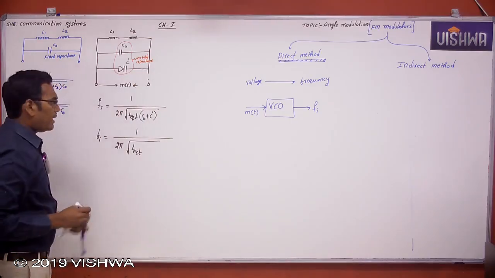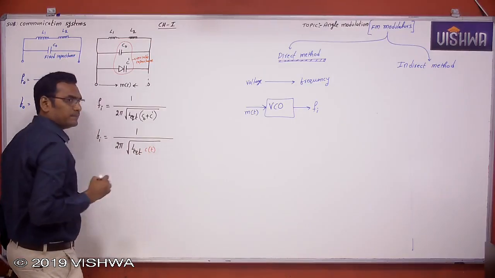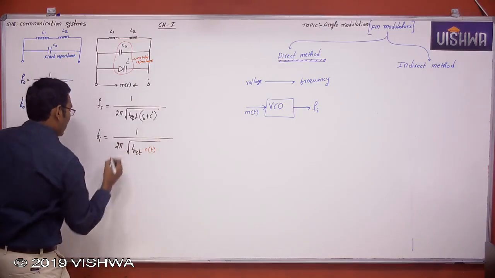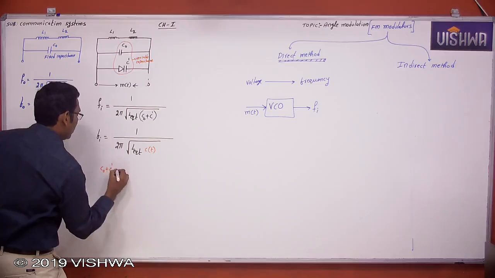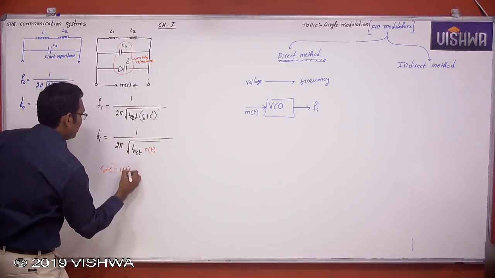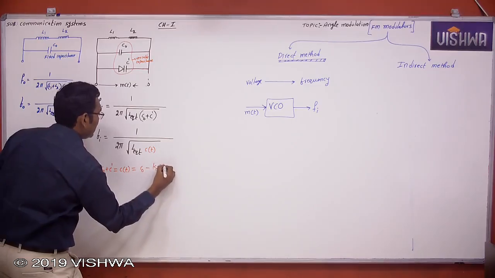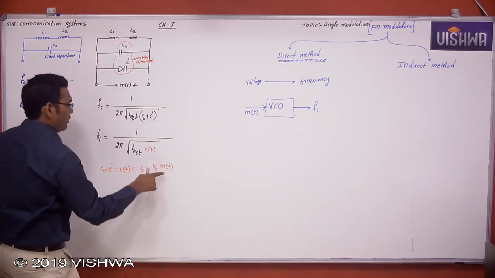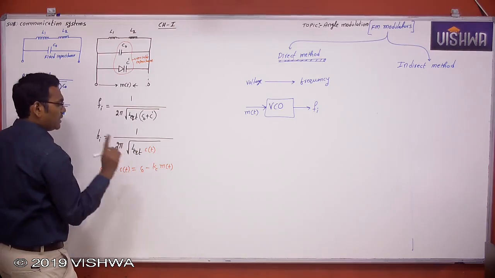So can I write this variable capacitance as C of t? Now this C0 plus C dash, which is equal to C of t, can I represent it like this? C0 minus Kc into m of t. When m of t is equal to 0, this fixed capacitance is nothing but C0.